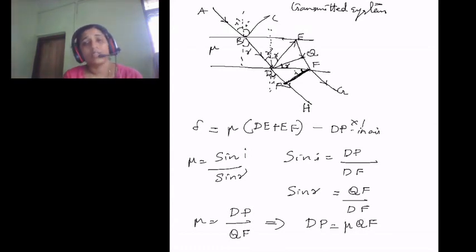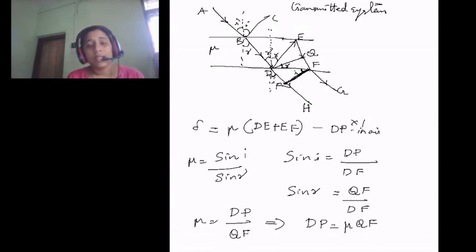So in the transmitted system, depending upon the path difference of FG and DH, we could get the interference pattern. So we have to calculate the path difference between FG and DH. The FG beam has actually undergone an additional path of DE plus EF through the thin film material, and the DH beam has a small path of DP in the medium air.